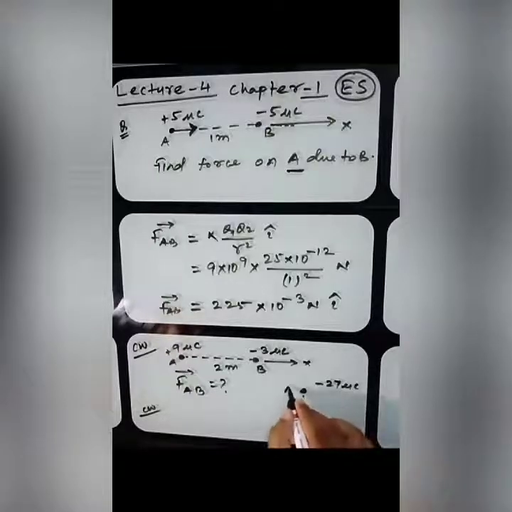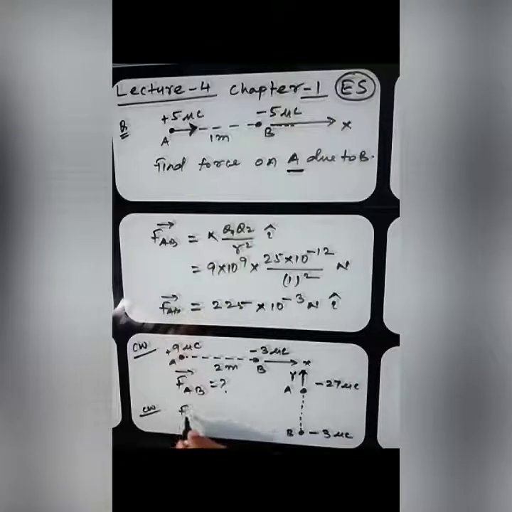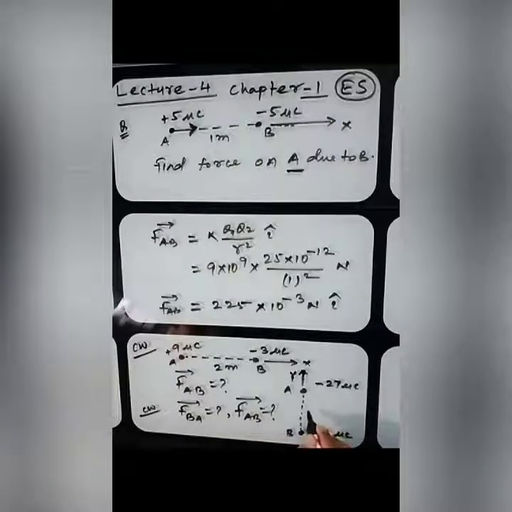This is the charge A and charge B. This is the direction Y. You have to find force on B due to A as well as force on A due to B. The separation here is 1 meter for your simplicity. Now these two questions, students, try to solve by yourself.